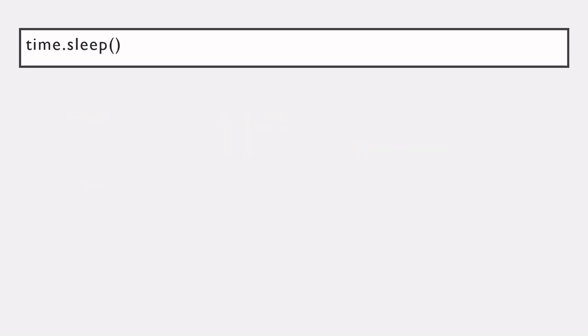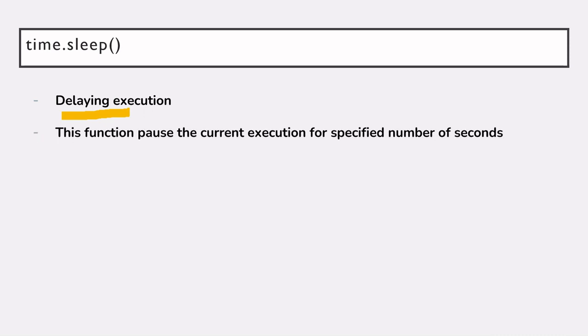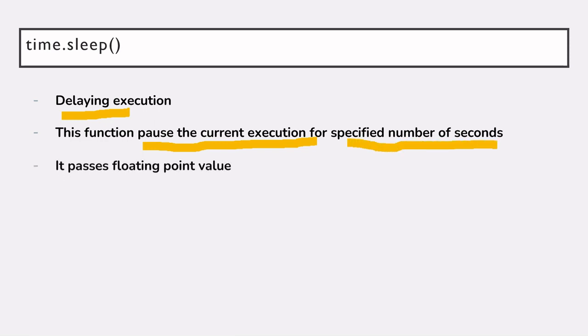Now the next function that we are going to discuss is time.sleep. This time.sleep function is used to produce a delay in the execution of the program. This function will pause the current execution for a specified number of seconds.